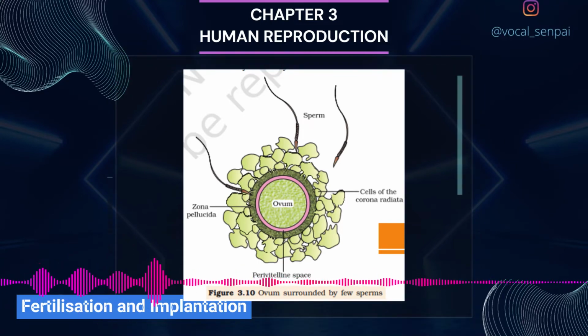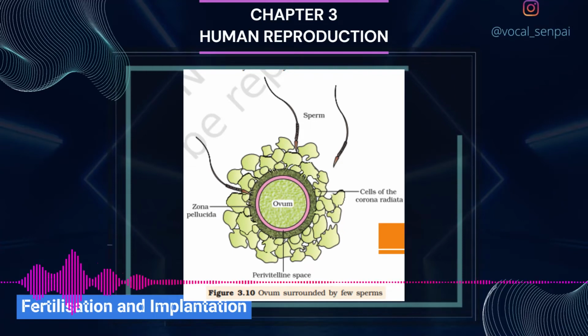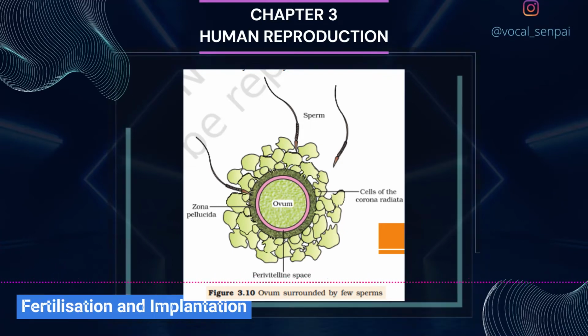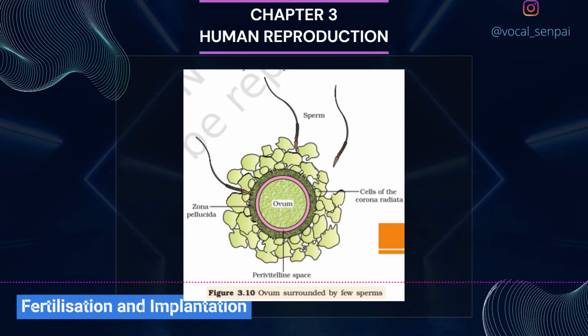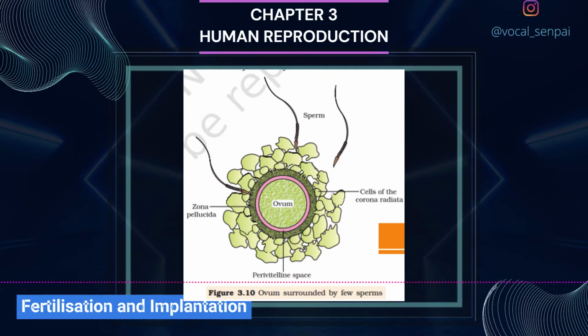One has to remember that the sex of the baby has been decided at this stage itself. Let us see how. As you know, the chromosome pattern in the human female is XX and that in the male is XY.